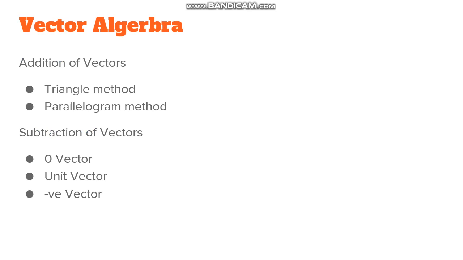Similarly, let's see what vector algebra is. For example, addition of vectors, triangle method, parallelogram method, and subtraction of vectors. We'll see what it is right now. Let's say a vector is in this particular direction, and another vector is moving in this particular direction. The resulting quantity will be the sum of both, which is something like this and this.